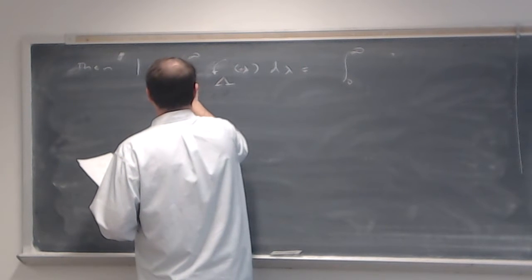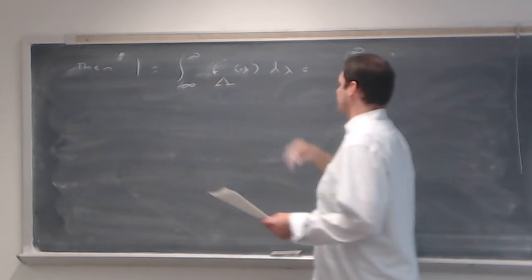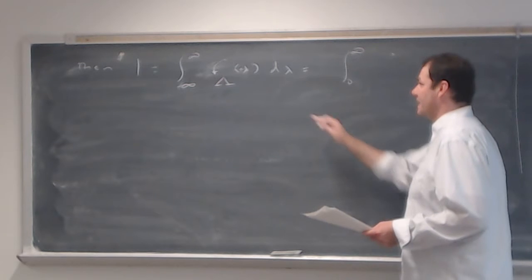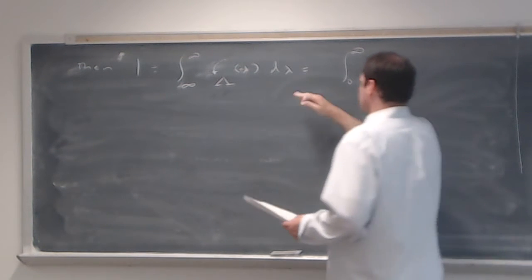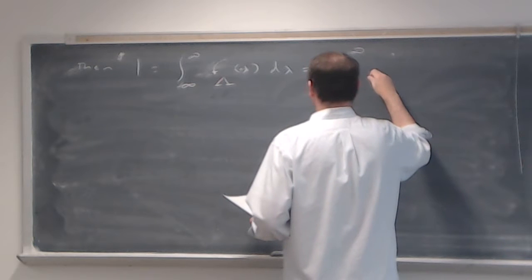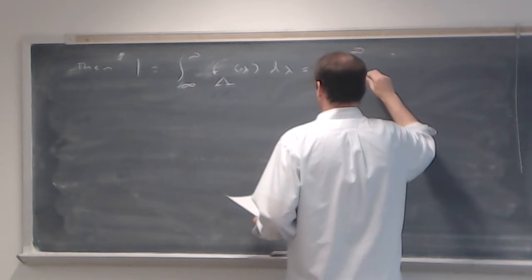This is the PDF. The PDF is a lot of times 0; where it's non-zero is when lambda is bigger than or equal to 0, so we integrate from 0 to infinity.